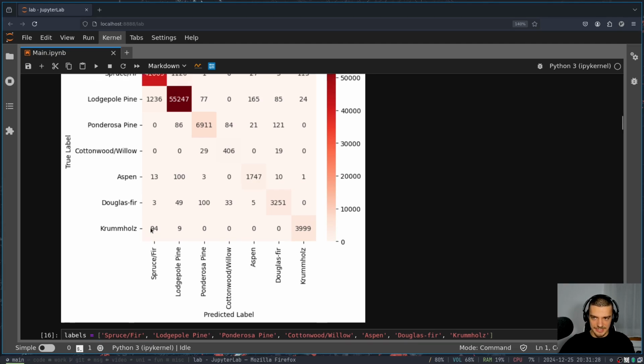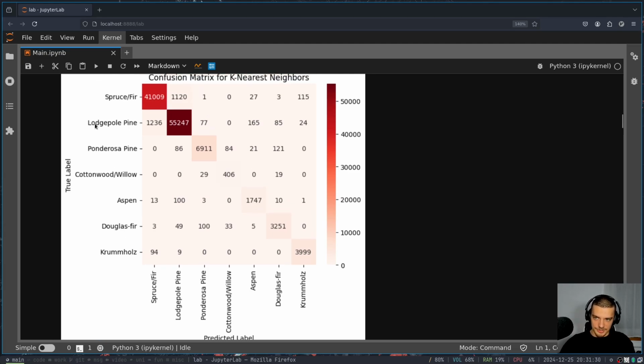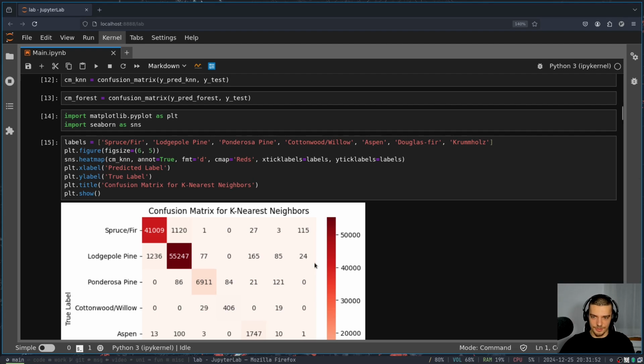A lodgepole pine, I hope this is how it's pronounced, is oftentimes misclassified as a spruce, and vice versa, which is not necessarily the case. So these two numbers here are not the same. This one is the pine being misclassified as spruce, and this value here is the spruce being misclassified as the pine. So there's a difference here.